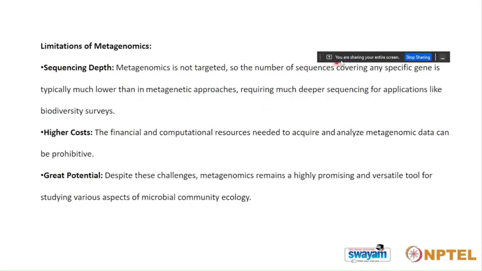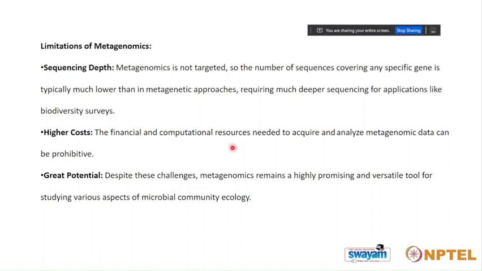So what are the limitations? We have discussed about the advantages of metagenomics. So what about the limitations of metagenomics? So as we discussed earlier, metagenomics is non-targeted. We'll be completely sequencing all the genomes. So there is a possibility that we can miss the specific gene in whole genome sequence.